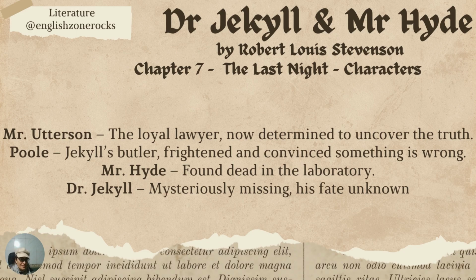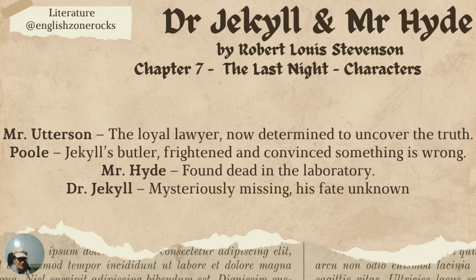As regards characters, we've got Mr. Utterson, Poole, Mr. Hyde, Dr. Jekyll. You also find the other servants in Dr. Jekyll's house, but these four are the main characters. Mr. Utterson, the lawyer, now determined to uncover the truth.